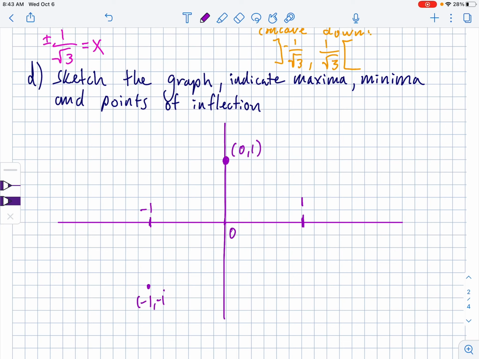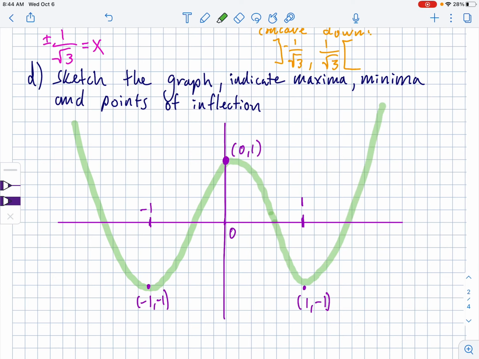If you plug -1 into the OG function, you get -1, -1, and then if you plug 1 into the OG, they mislabeled that. Sorry, it's 1, -1. So if I was to start to sketch the graph, I know it looks something like this.